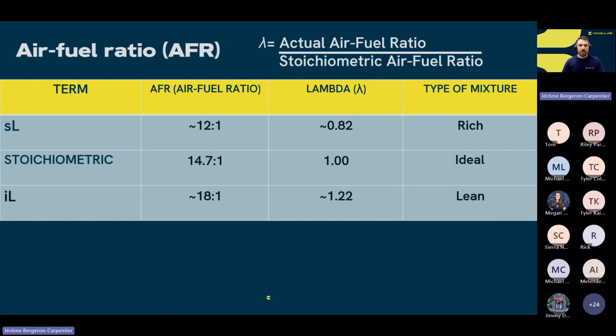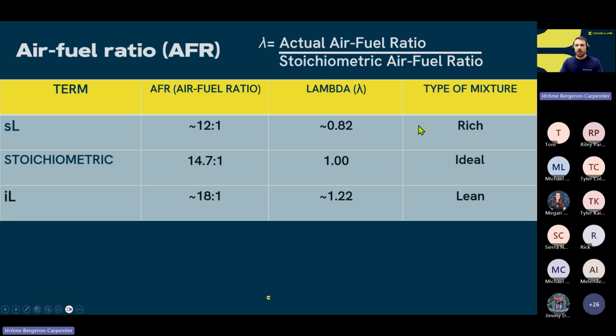And speaking of which, we have all these terms: what exactly is the superior limit or the inferior limit, stoichiometric, lambda? Our superior limit, in the traditional air-fuel ratio, is about 12 to 1, so 12 of air versus 1 of fuel. So we're in a rich mixture, where we have too much fuel.